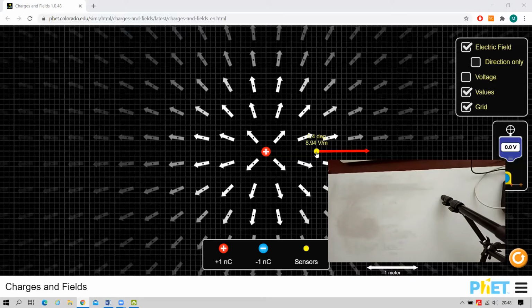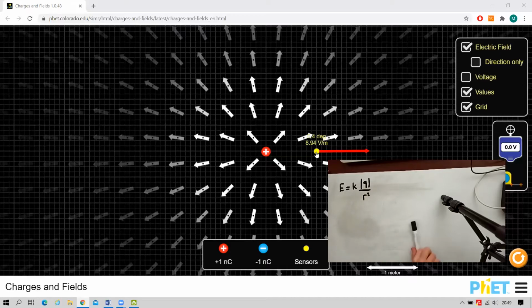Just so you know, the strength of the electric field is K times the absolute value of Q divided by R squared.